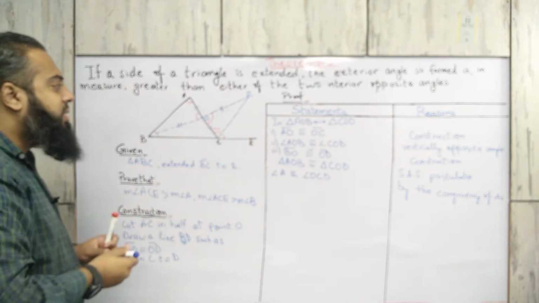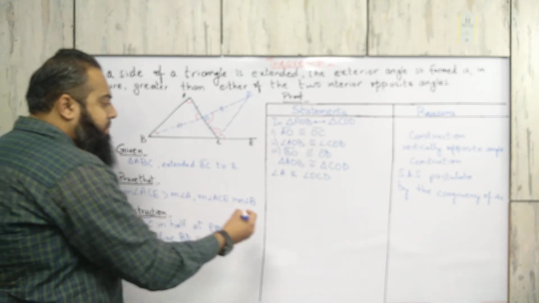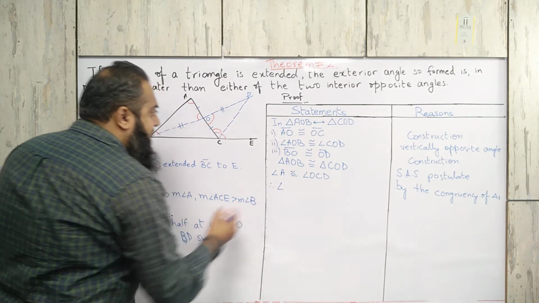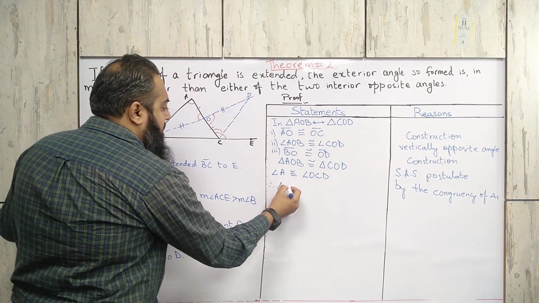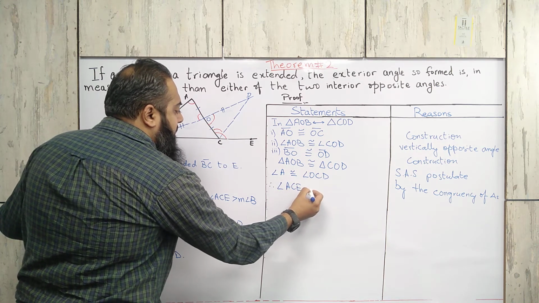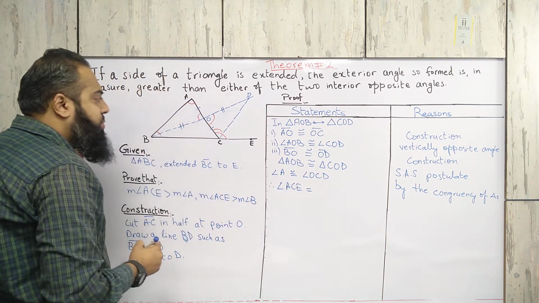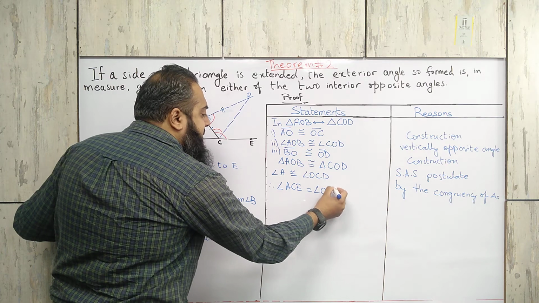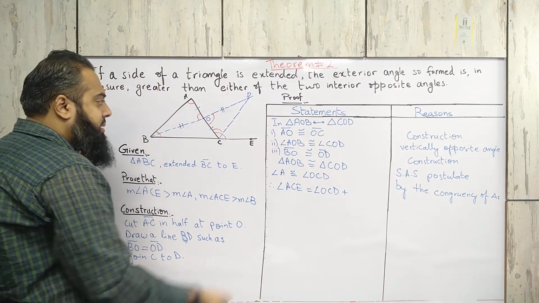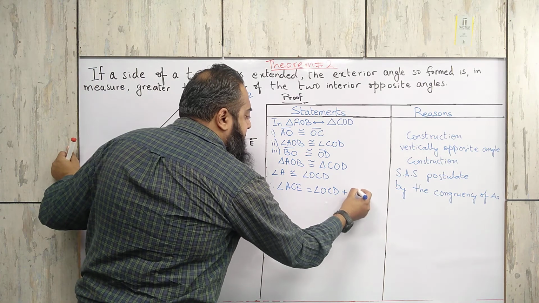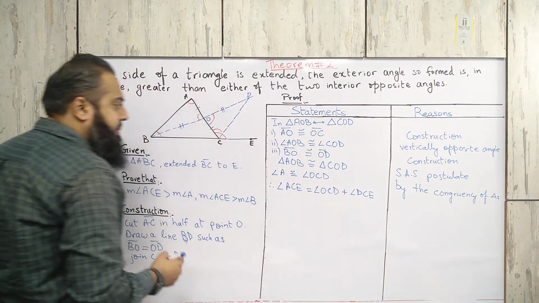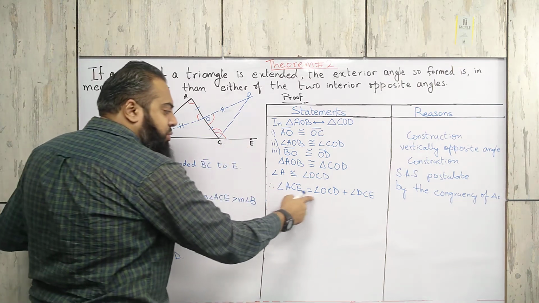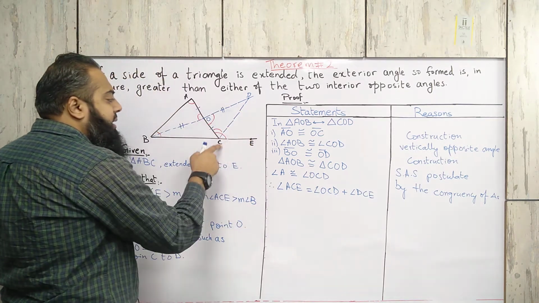And if we have it like this, therefore, we can clearly see that angle ACE equals angle OCD plus angle DCE.